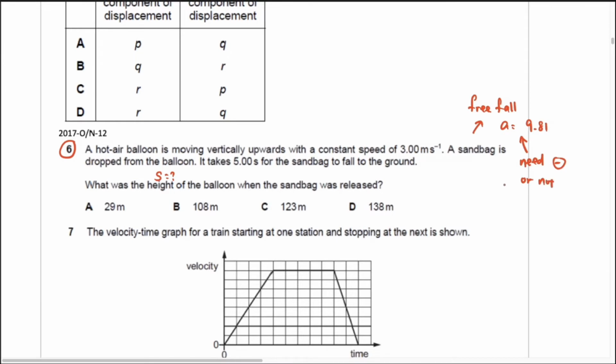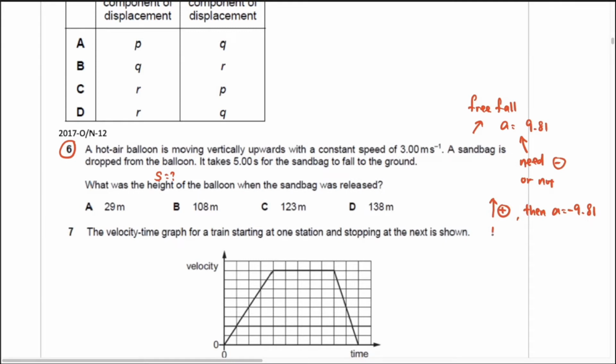If you assume upwards to be positive, then A equals negative 9.81, because this is acceleration due to gravity, which acts downwards. So if you assume upwards to be positive, then A is negative 9.81.